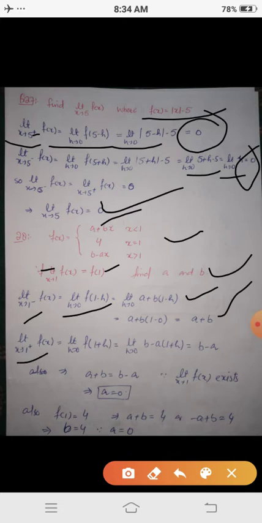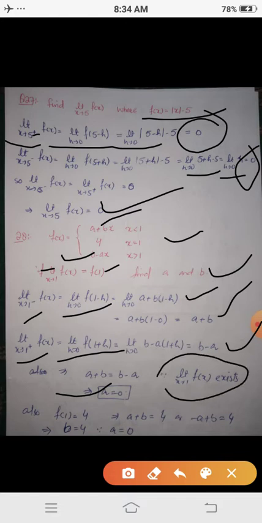Similarly, the limit as x tends to 1 positive of f(x) is f(1 + h). Now 1 + h is greater than 1, so we replace x in b − ax, that is, b − a(1 + h), and the limit as h tends to 0 is simply b − a. Now the limit exists, which implies that the left limit equals the right limit, that is, a + b equals b − a, which implies that 2a is 0, so a equals 0.